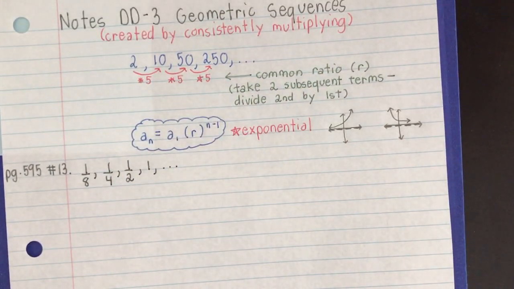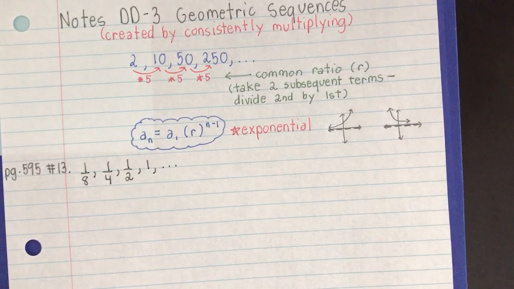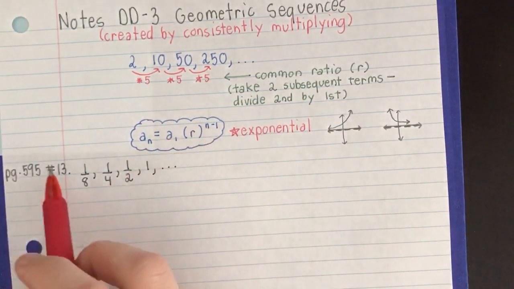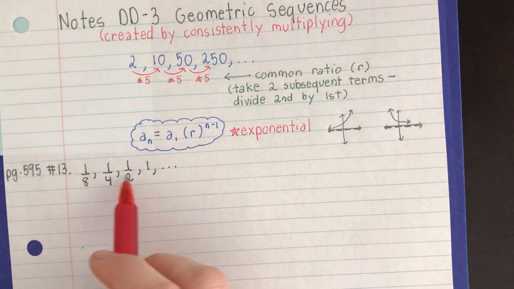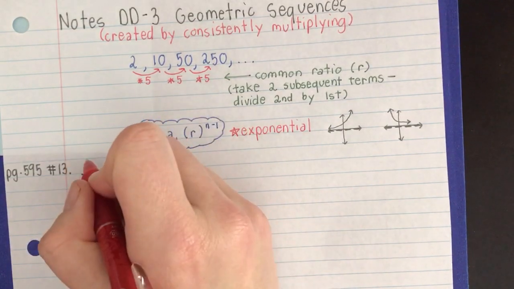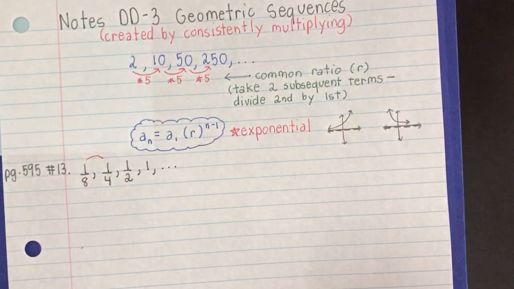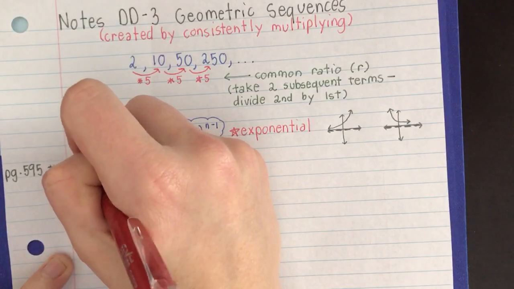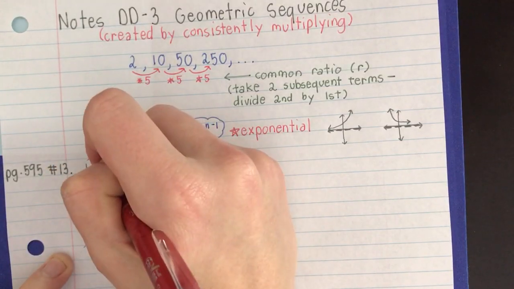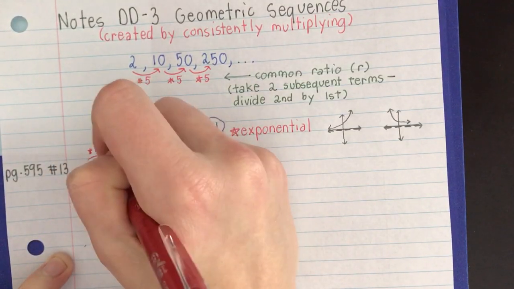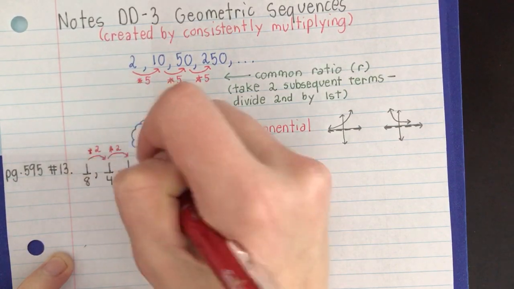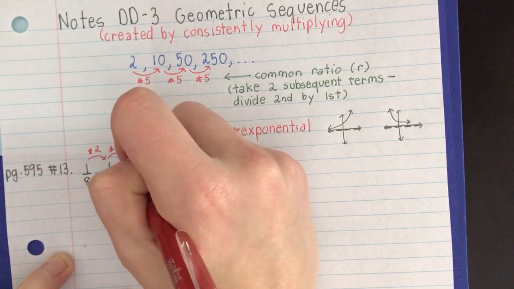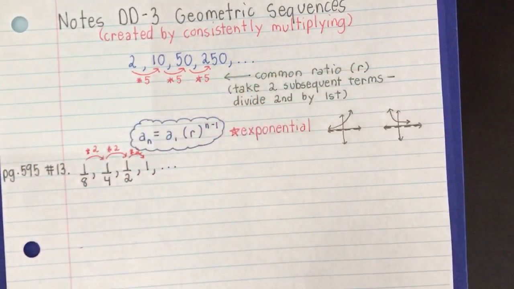Is this a geometric sequence? Well, you tell me. To get to the next, do you notice a pattern? I notice that to get to the next, you're multiplying by 2. Multiplying by 2. Multiplying by 2.